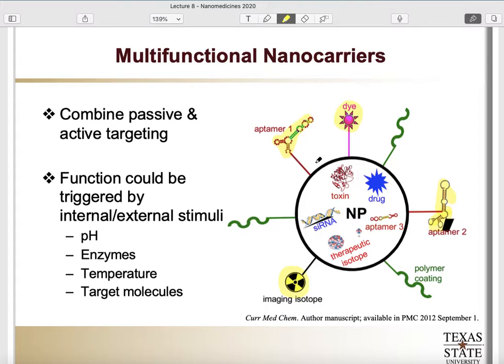They could also incorporate therapeutic agents such as drugs, toxins, nucleic acids, or even therapeutic isotopes. And they can be made to act kind of intelligently to be able to enable targeting and enable drug release on demand when they are needed, etc.